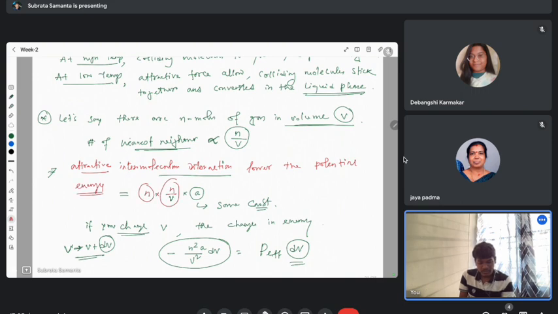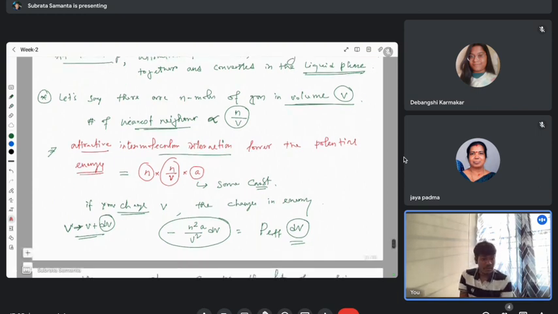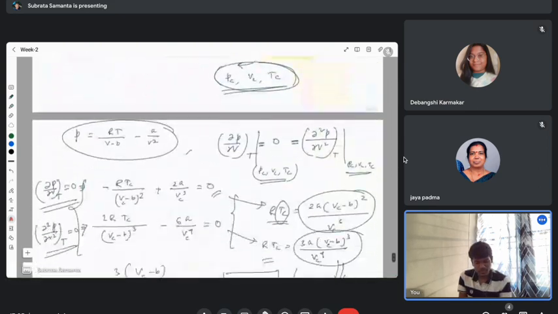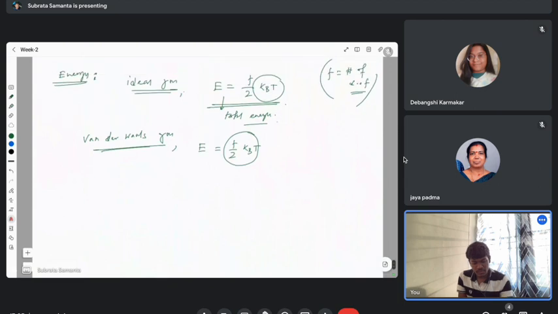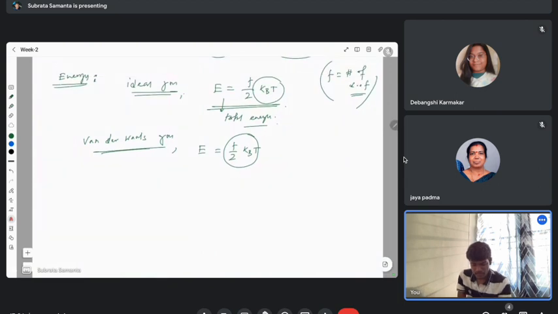So considering the energy for 1 mole, when you put n equals 1, it gives a by V. And this lowers the potential energy, that means a negative sign. So this sign is important: minus a by V for 1 mole.